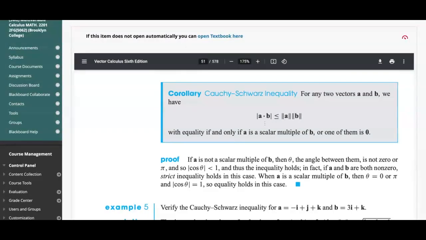With this single bar, that means absolute value. Because A dot B can be negative. When we take the dot product of two vectors, the value can be negative.